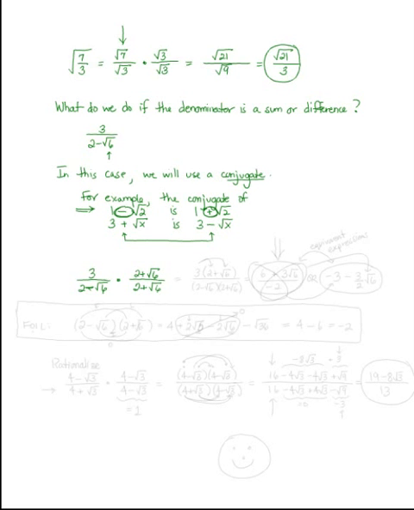So my numerator becomes 3 times the quantity 2 plus square root of 6. Using the distributive property, we have 3 times 2 is 6, plus 3 times the square root of 6.